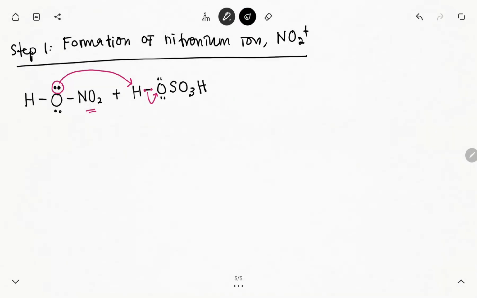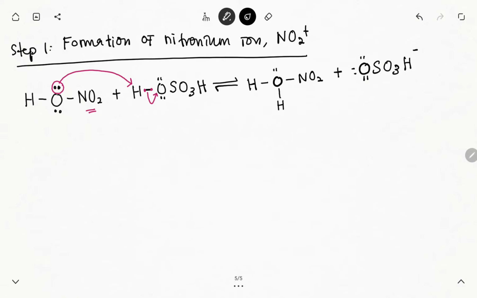The intermediate formed here has an oxygen already bonded to H with one lone pair, so it can form a new bonding pair with one hydrogen atom, and the rest is NO2. And the other side product is OSO3H, where this oxygen has 3 lone pairs, and when we calculate the formal charge, this oxygen is negative, and we conclude the ion is negatively charged.